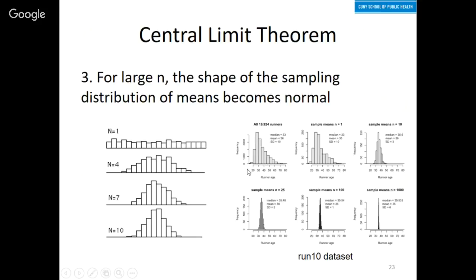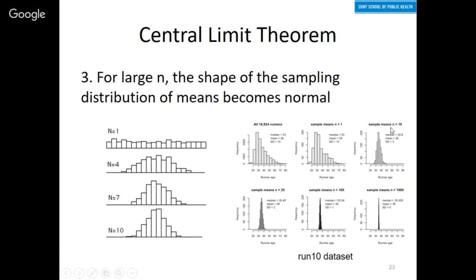Here's the runners data set, the population. The ages are kind of skewed. There's no one less than 19, but there's kind of a long tail to the right. But for sample means of, so n equals 1, this is just a smaller subset of the population.